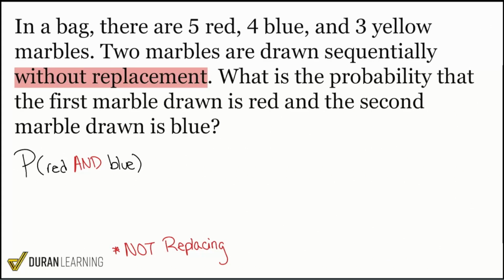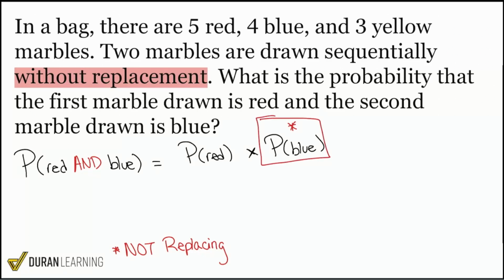Let me first calculate the probability of selecting a red, and then we will multiply that, because this is the word and, compound probability, selecting red and blue. So first red, and then we'll concern ourselves with the probability of blue. I'm going to wrap this like I did before with that asterisk and that boxed off, so I can handle that once I get there.